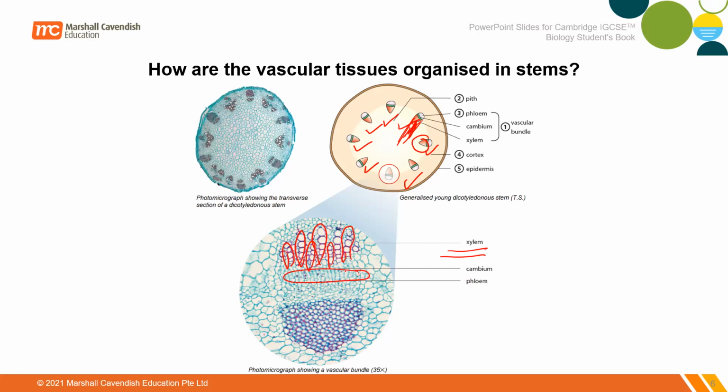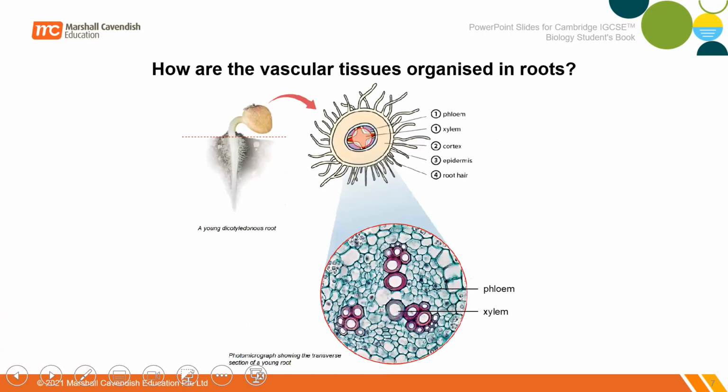Phloem is outward and xylem inward in stems and roots. In the root, the shape is a bit different, but we still stick to the rule: xylem inward and phloem outward. It's like a cross shape, but this is the phloem and this is the xylem tissue.